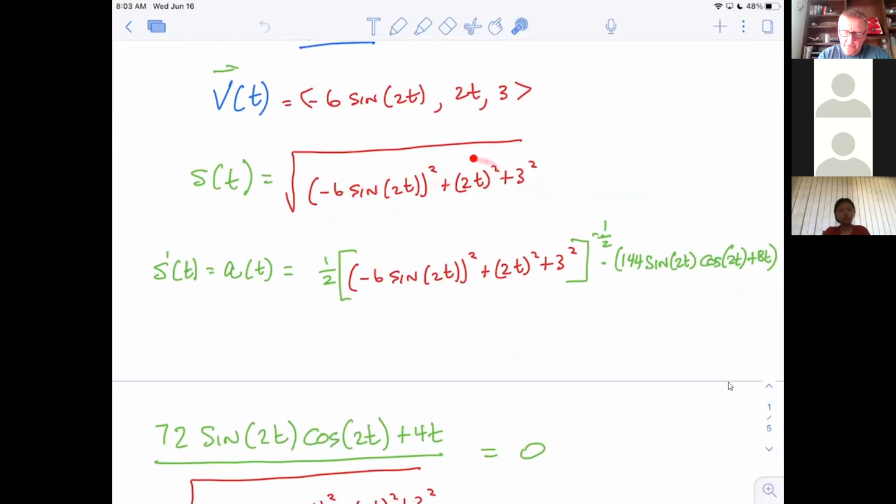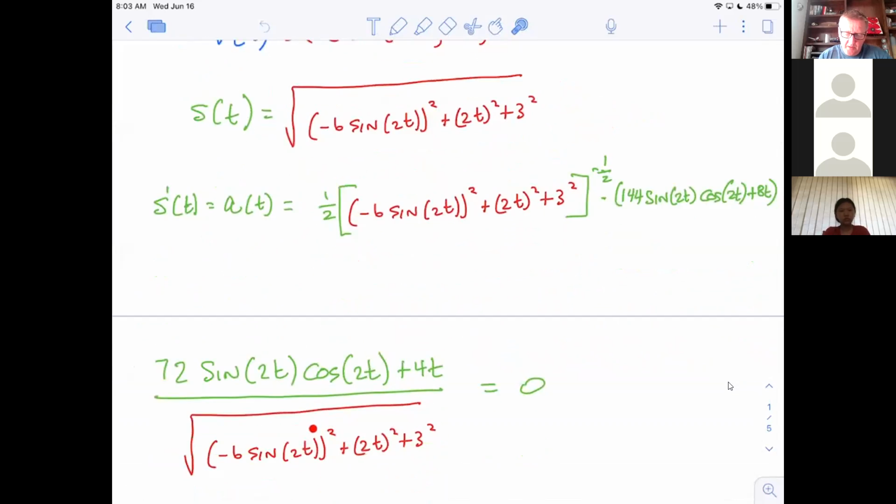So here's our square root. Take the derivative of it: the 1/2 comes down front, the junk is still there, you subtract 1 from the exponent, and the chain rule says multiply by the derivative of what's inside, which is rather complicated. Since that's a negative 1/2 power, that drops to the bottom, and there's still the 1/2 and the 144 and the 8 up there, which I multiplied the 1/2 through.